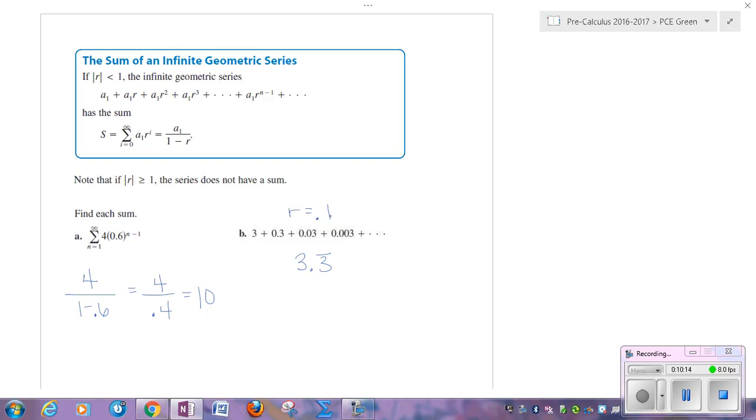It's not going to change. It's just going to keep adding threes to your value. So if you go ahead and put that into your formula, a sub 1 over 1 minus r, go ahead and tell me what you get. Surprise! It's 3.3 repeating. Okay, so in this case, it was pretty easy to see the pattern there.